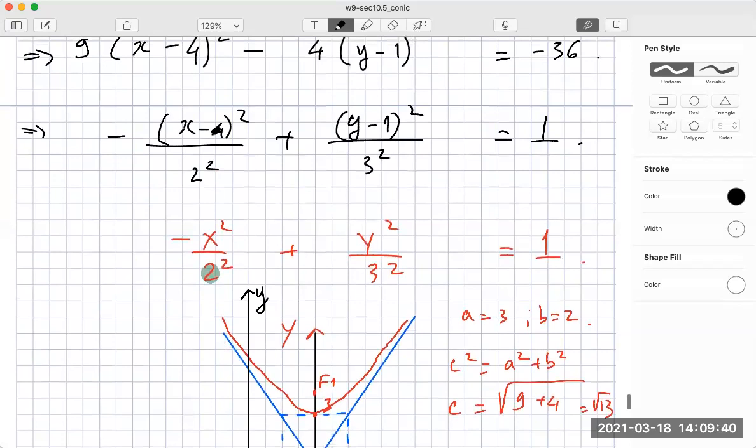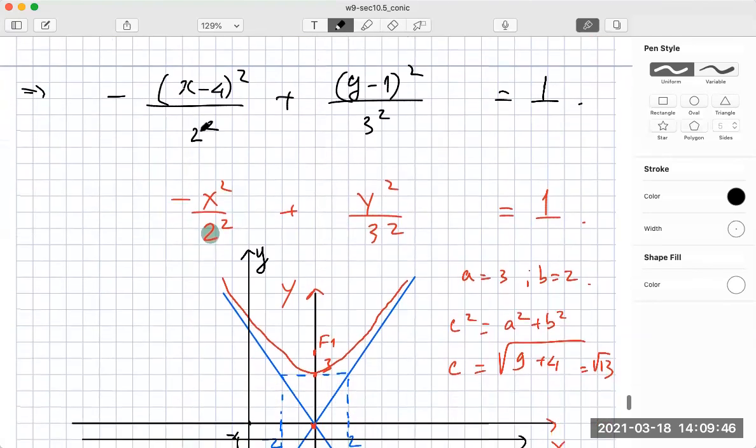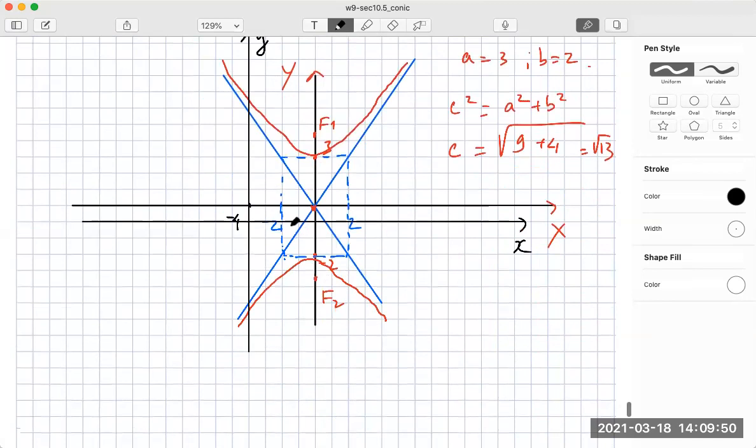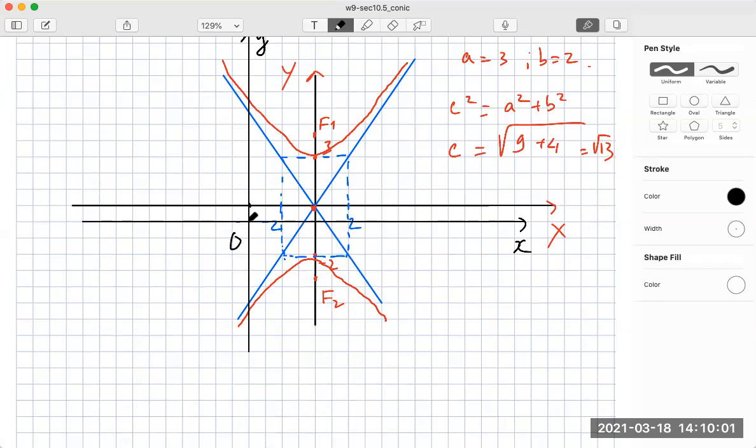This is -4, right? It means that when x is equal to 4, it is the origin. The origin of the black coordinate is right here.